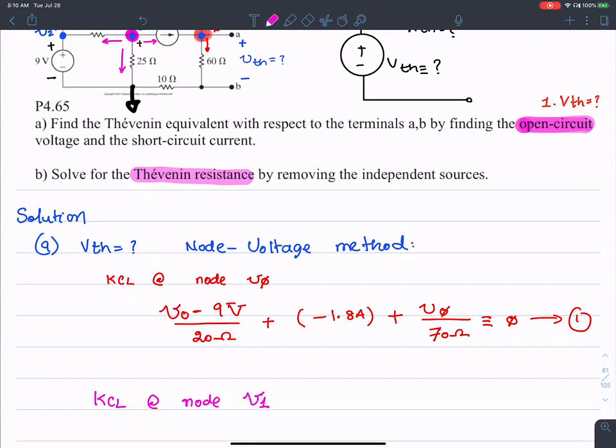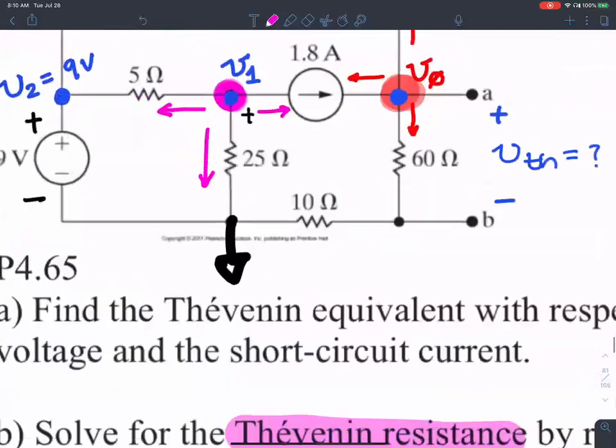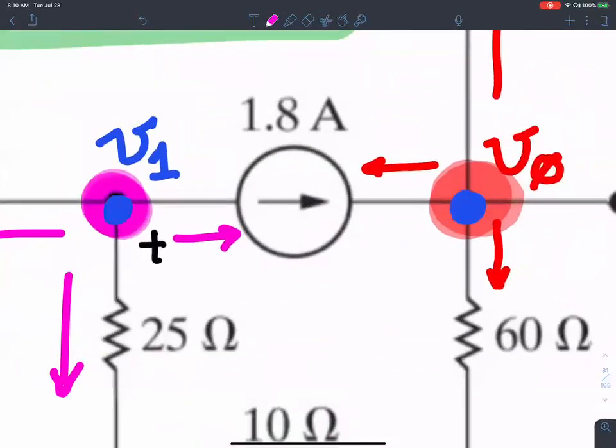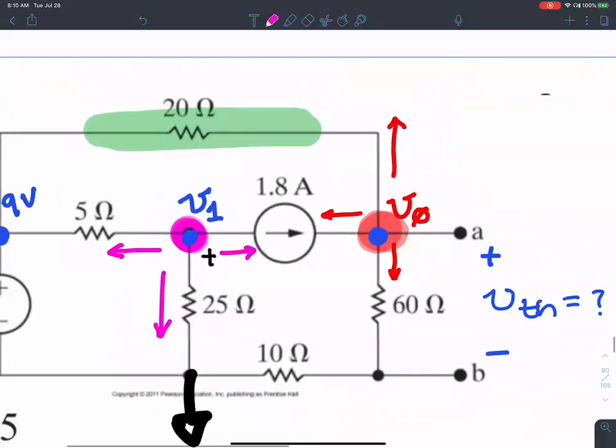When I write KCL at node V1, the current going west is (V1 minus 9 volts) over 5 ohms. The current going south is (V1 minus 0) over 25 ohms, and the current going east is 1.8 amperes.